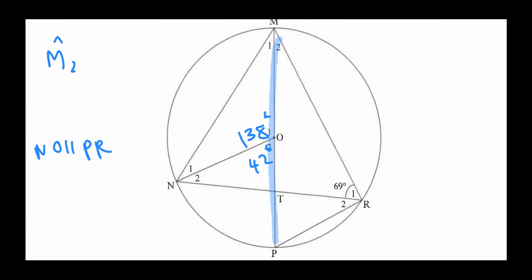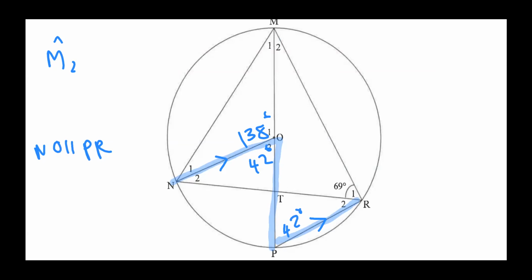And another thing we are taking into consideration, NO is parallel to PR. So if these lines are parallel, it means that angle P is also going to be 42 degrees. These are alternate angles.